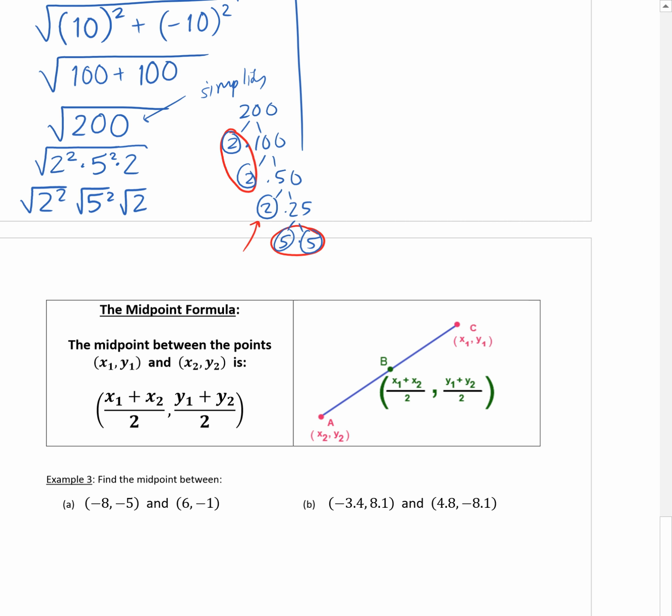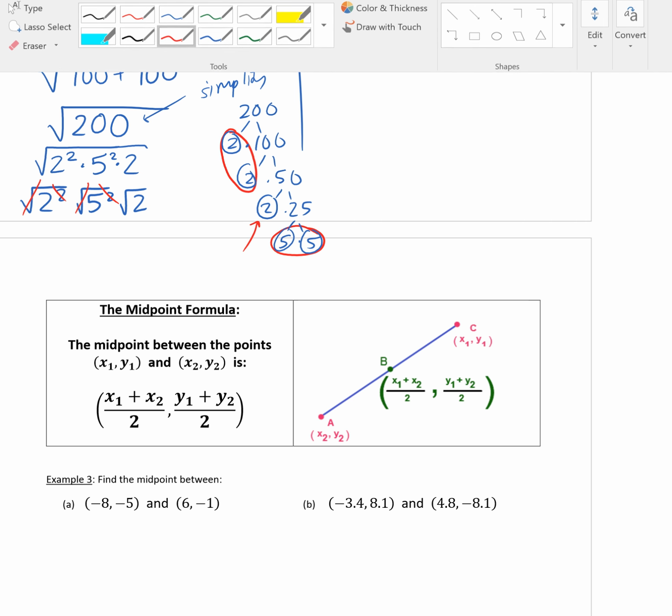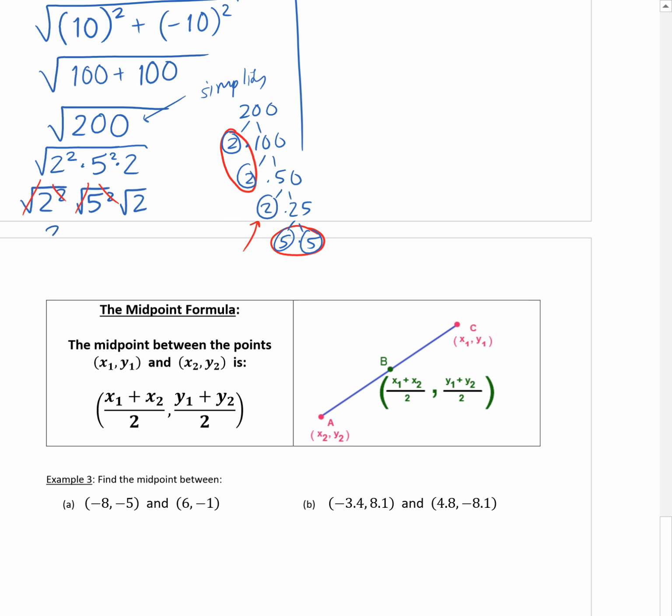For the first 2 square roots, the 2 and the 5 will get to escape the root because they have a square canceling the square root. So it'll be 2 times 5. But this square root of 2 can't escape, so he'll be stuck there. Looks like it'll be 10 square root of 2, because remember, if you have 2 numbers outside that get to escape the root, you multiply them together. So the 2 times the 5 made the 10. There we go. All right.